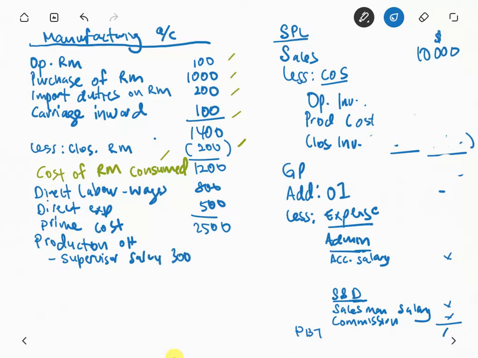Any more will appear in your overhead. Depreciation on machinery, let's say 200. It can be electricity bill, utility bills, or any other expenses related to the factory. Okay, so I add up here, 500.